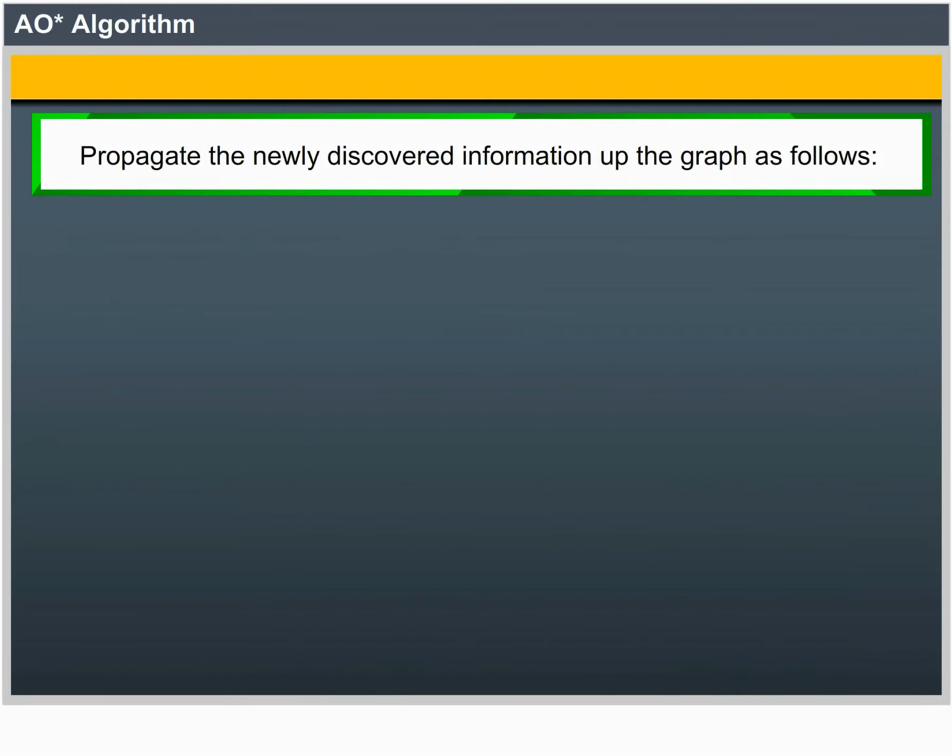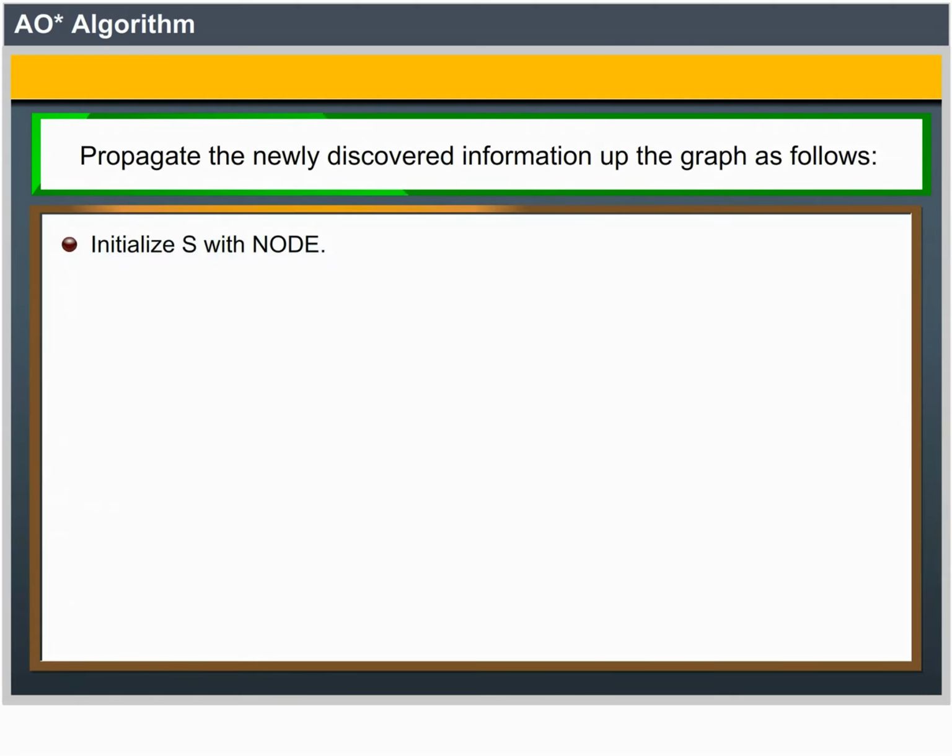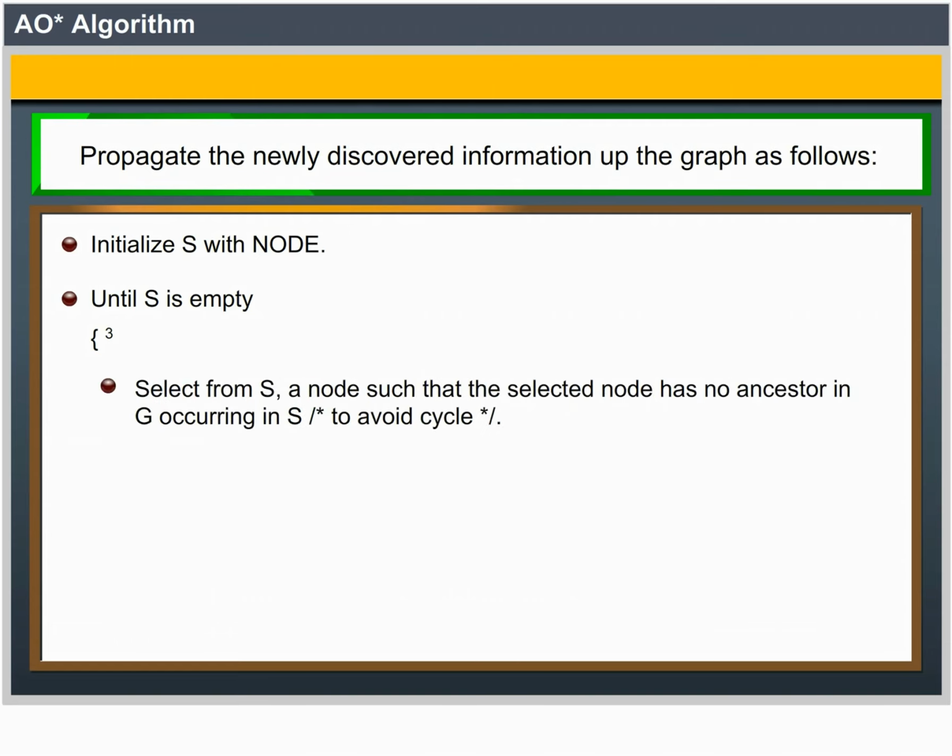Propagate the newly discovered information up the graph as follows. Initialize S with node. Until S is empty, select from S a node such that the selected node has no ancestor in G occurring in S, to avoid cycles.